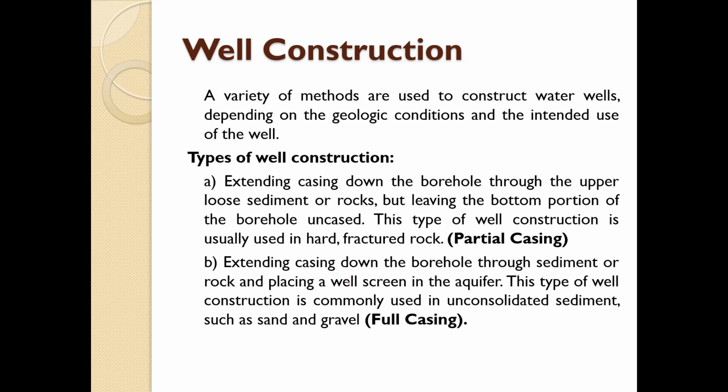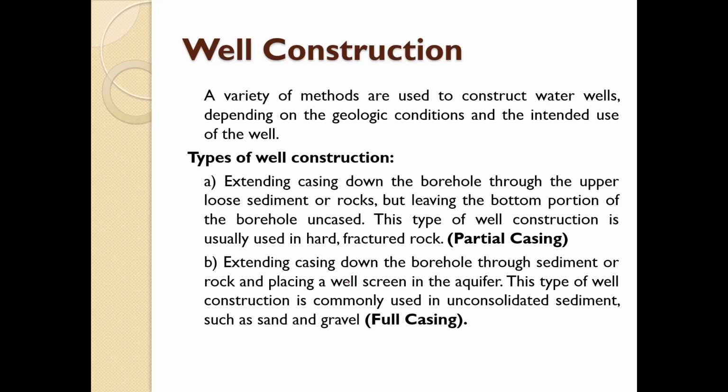Now the well construction. A variety of methods are used to construct water wells depending upon the geological conditions and intended use of the well. So the types of well construction are: first, extending the casing down the borehole through the upper loose sediment or rocks, but leaving the bottom portion of the borehole uncased.